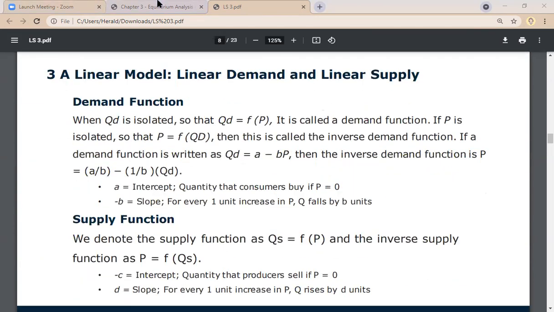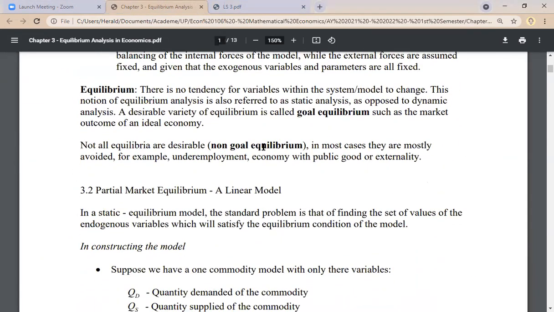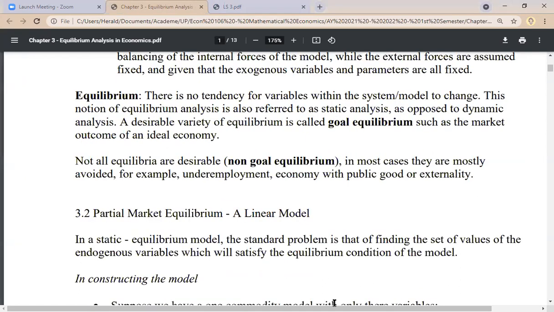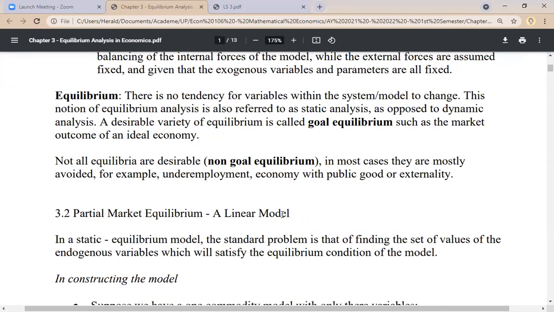All right, now let's use the slide here. The notion of equilibrium gives us two types or distinctions: goal equilibrium and non-goal equilibrium. In goal equilibrium, there is a market outcome that is a desirable state, a desirable market outcome for an ideal economy.